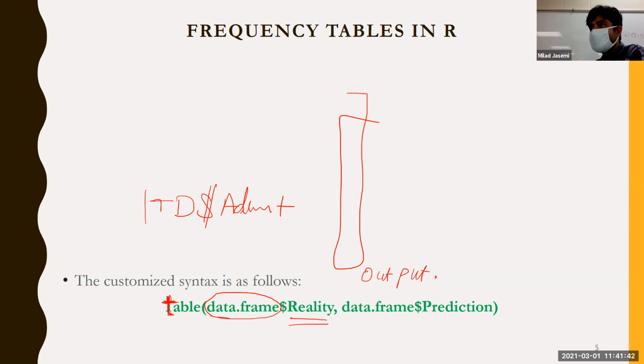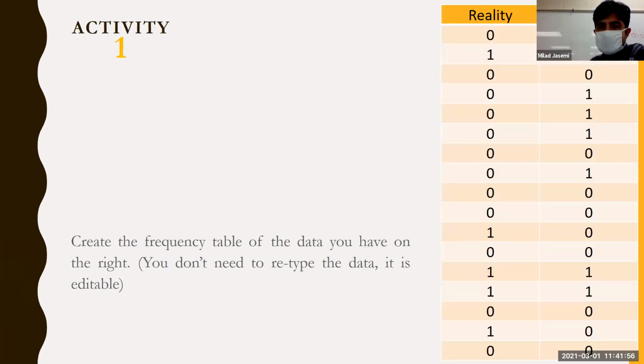But not the neurons column, you get the net results column. And when you get this, you get the answer. So let's go for this activity. Create the frequency table of the data you have on the right. You don't need to retype the data. It is editable. So if you didn't download the file yet, download it from Canvas, and you get this data.